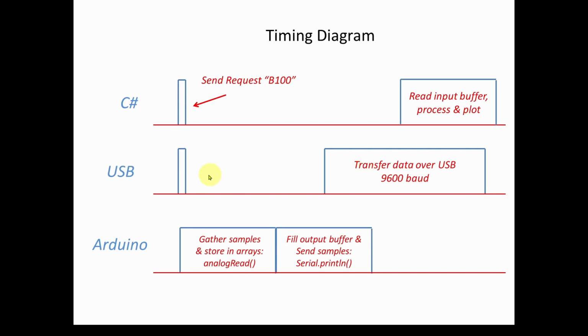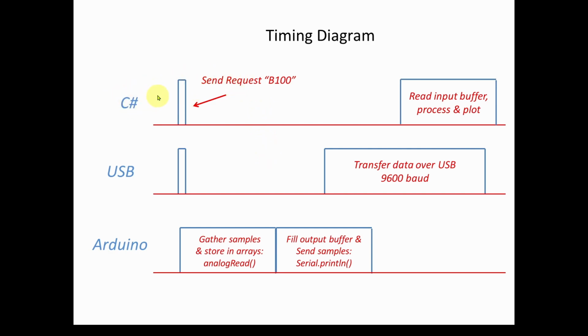What's going on with the USB? And then I've got the Arduino itself because it's got some functions to do. So this will give you a good relative idea of what's going on, how long it's taking, what's taking a lot of time, and what we can optimize in order to make sure that our oscilloscope is updating as fast as possible.